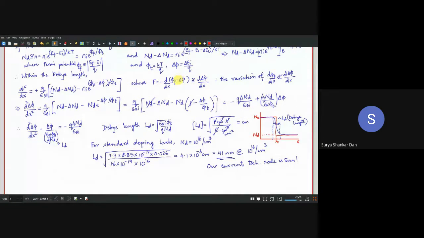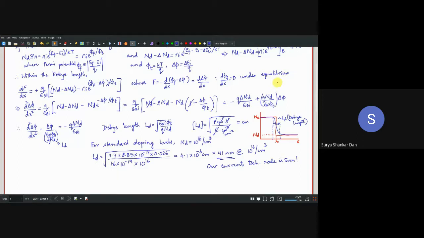So phi F variation will occur only because of biases. Under no bias, or under equilibrium, this delta phi is equal to this, since d phi F/dx is zero under equilibrium. There is an easier way to understand.